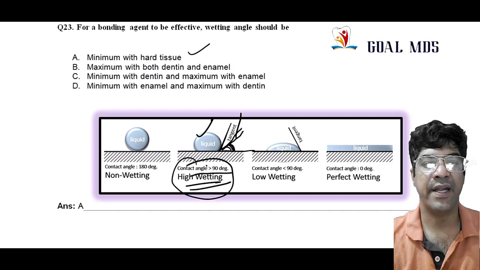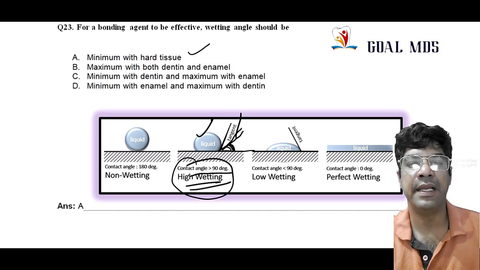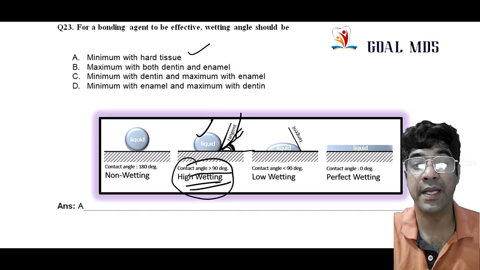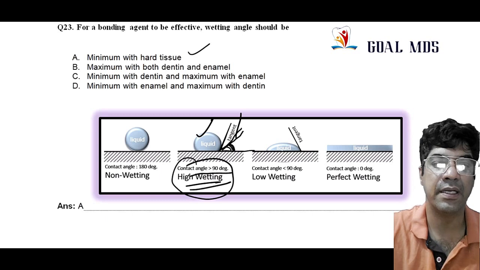So when the wetting angle is less than 90 degrees, the liquid tends to wet the surface, spreading out and making good contact with it.